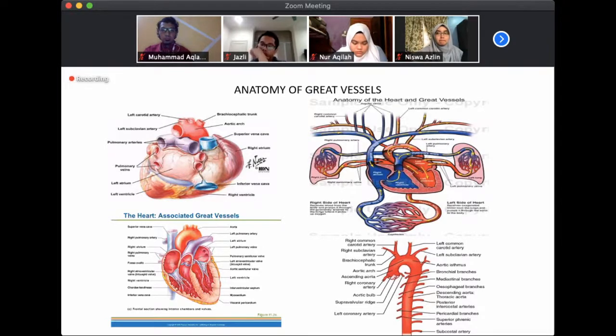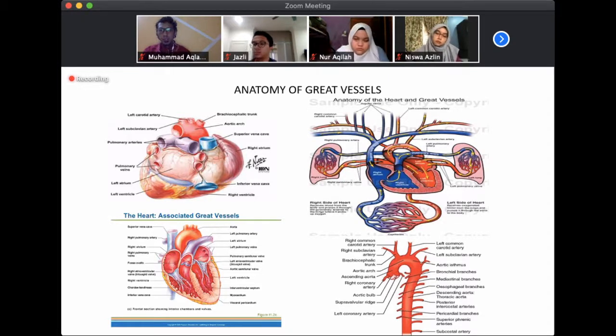Instead, it enters either supracardiac, which is entering the pulmonary artery or superior vena cava, or cardiac TAPVD, which means it enters straight to the right atrium, straight to the right ventricle, or occasionally to the left ventricle. Or infracardiac, which is the worst, enters the inferior vena cava. Okay, faham tak? So that's why they become sinus.